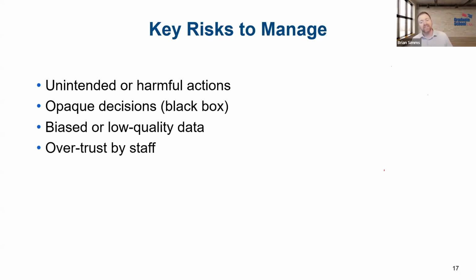Overtrust by staff, kind of the other end of the spectrum, maybe. You might have heard of this. Sometimes it's called automation bias, when people stop meaningfully reviewing what an agent is outputting and go, "Yeah, it's fine. That's right. I look at this every day. It's always good. It's fine." If you slip into that complacency, that's a risk, right? Something could slip under the radar unnoticed. So again, we'll talk about what to do about it on the next slide.